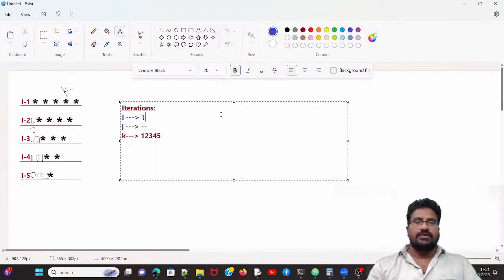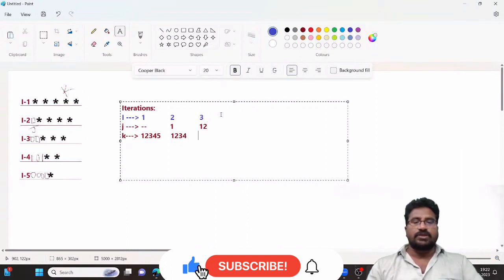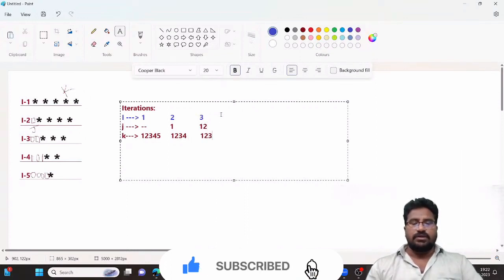When I value is 1, K iterates 5 times. When I value is 2, J iterates only one time, one space comes, then K iterates 4 times, meaning 4 stars come there. When I value is 3, J iterates 2 times and K iterates 3 times.